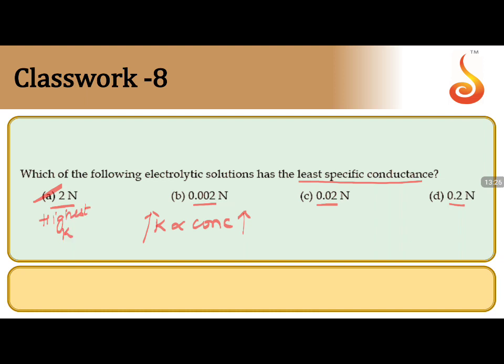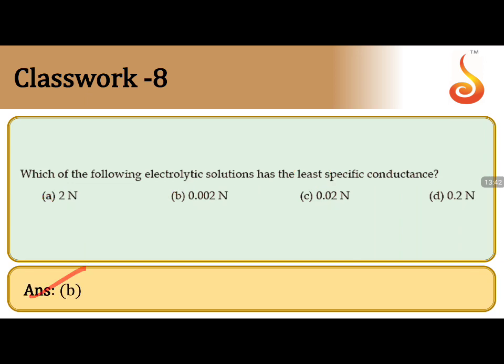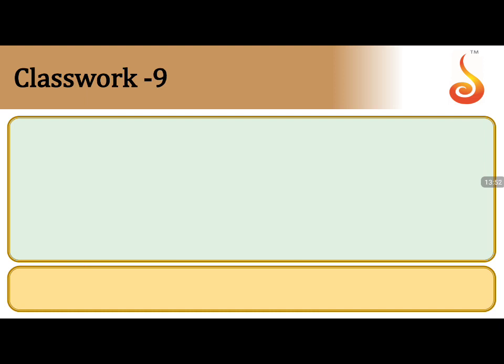And the question is about least K value. Least K value will not be in option A, it will be in option B, which will have the least K value. So the answer should be option B. Yes, that's the condition. So understood? Least K value for least concentration. Moving to the next question.